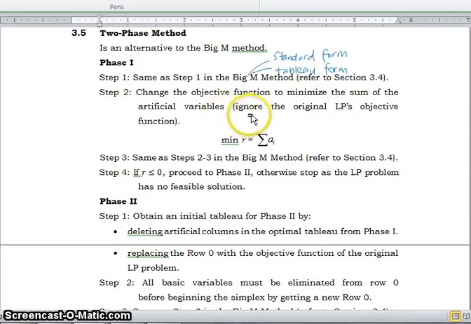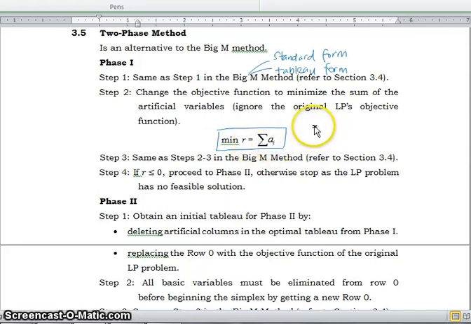This is done by ignoring the original LP's objective function. The objective function in phase 1 is minimize R, where R equals the summation of Ai.